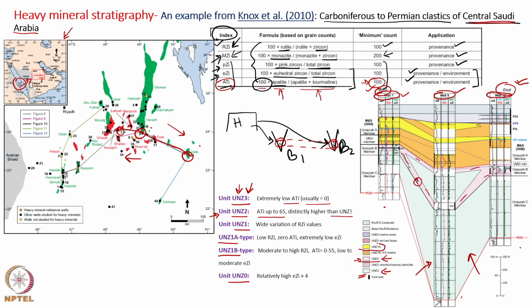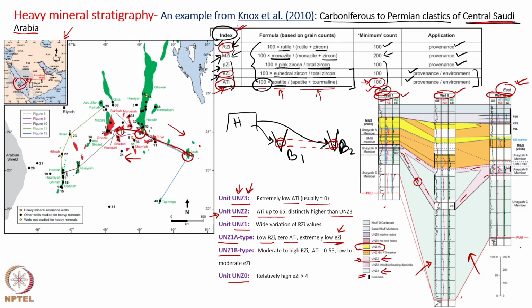The yellow color indicates UNZ1A, which is of low RZI, 0 ATI and extremely low EZI. EZI means the euhedral zircon total zircon index. ATI, as told, is the apatite tourmaline index, and RZI is the rutile zircon index.